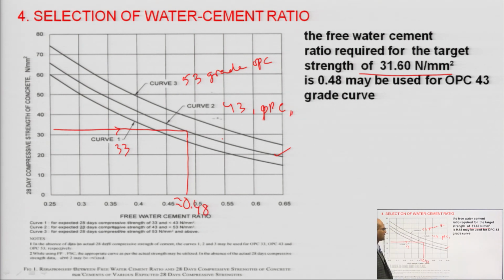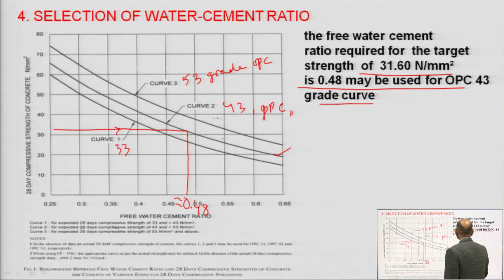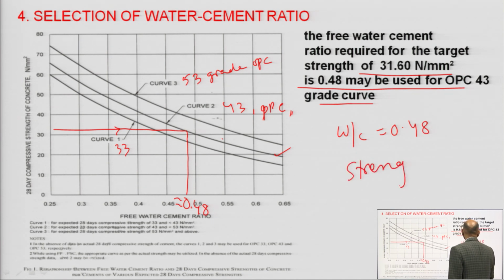To achieve that strength of 31.60, how much do we have to use? We have to use 0.48 water cement ratio. So, this is the requirement of 0.48 from a strength point of view.